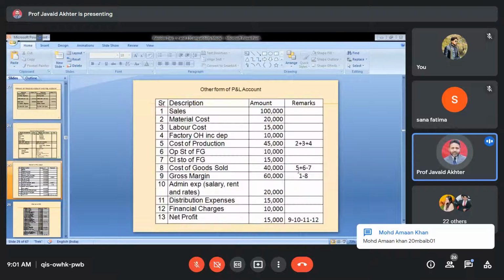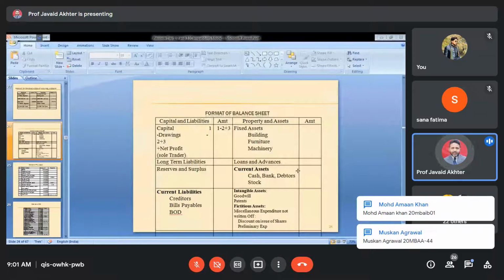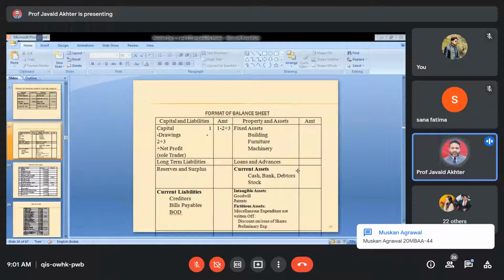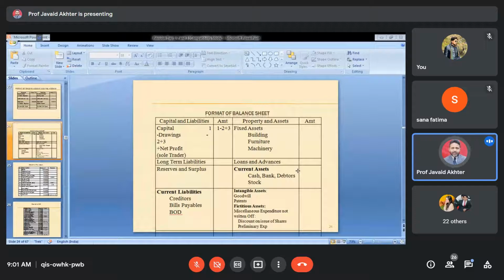Where were we when we conducted the last class? I was explaining to you that in the balance sheet and profit and loss account, various assets and other things are arranged in an order, and it is better to see the real balance sheet. I referred to you a few balance sheets which I uploaded on the official web page of the university. Apart from that, these things are available in the public domain.